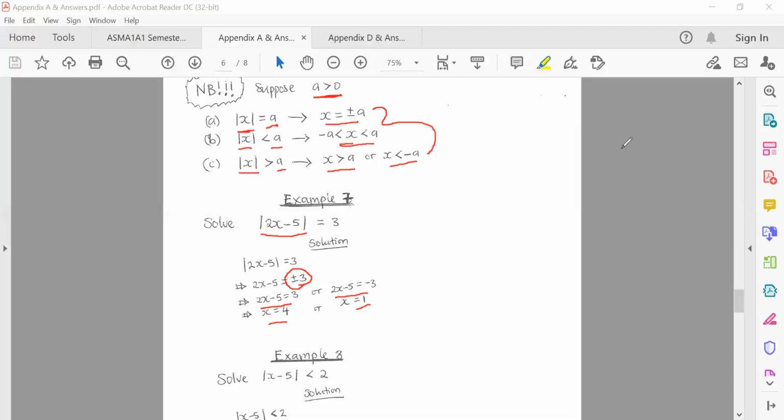Okay, let me just quickly go back. Someone said, when there's a negative sign, we have an open interval. Okay, I'm not sure exactly what question they're referring to. So open interval does not necessarily have to do with the negative or positive sign.